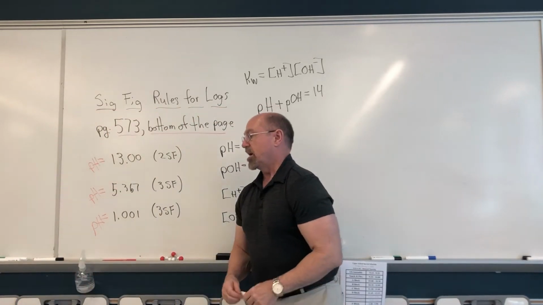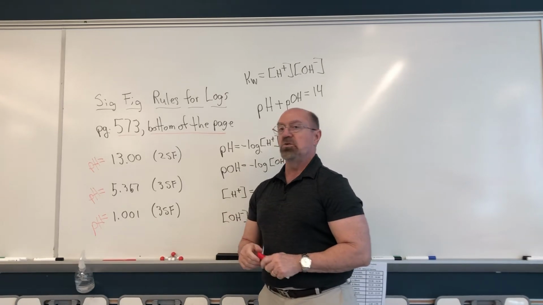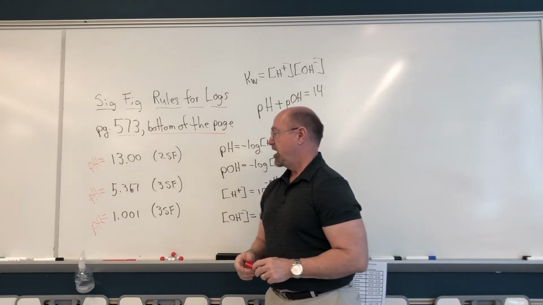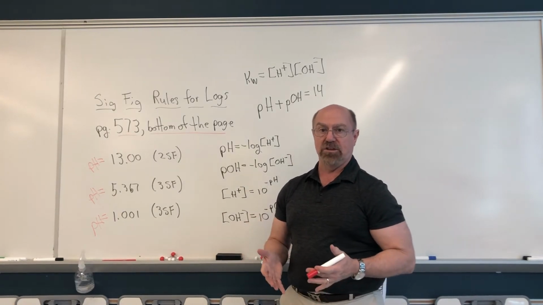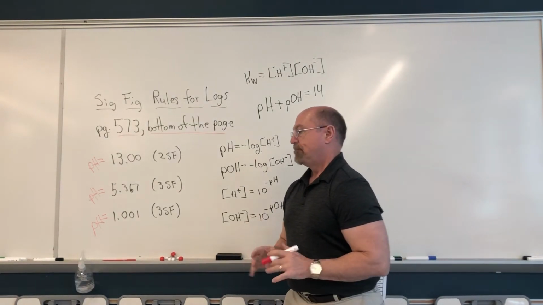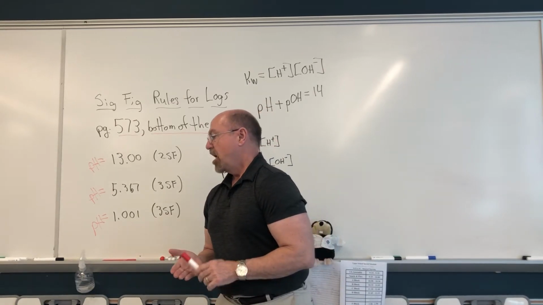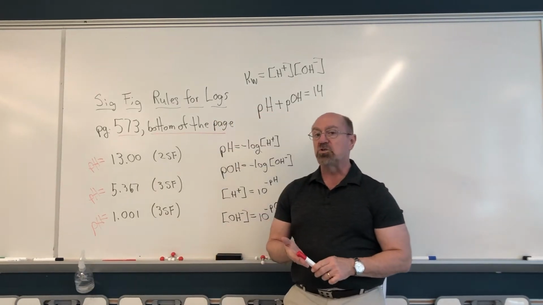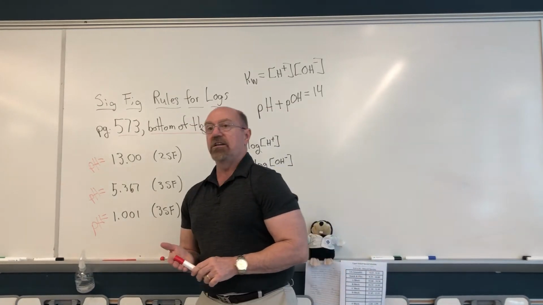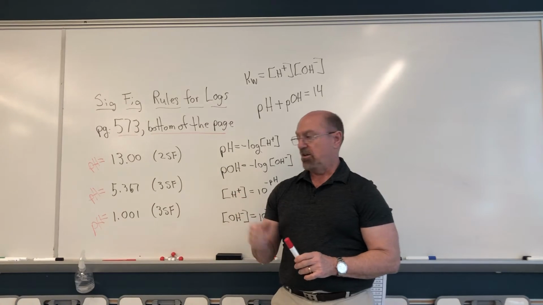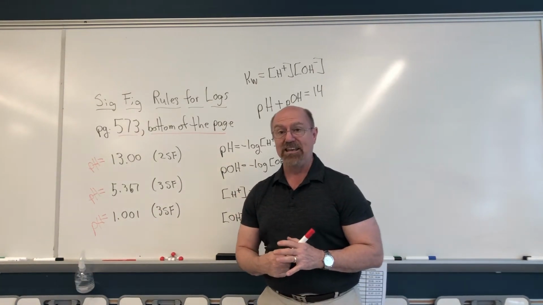Okay, so what is pH? Well, pH is a way to quantitatively express the concentration of hydrogen ions in an aqueous solution. It's a log base 10 scale, and like I said, logs have special rules for sig figs. Each unit on the pH scale differs from the closest unit by a factor of 10.